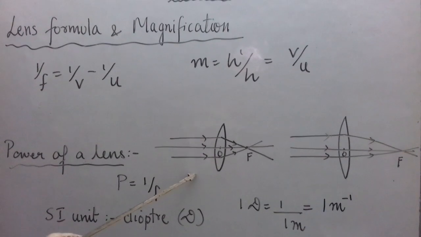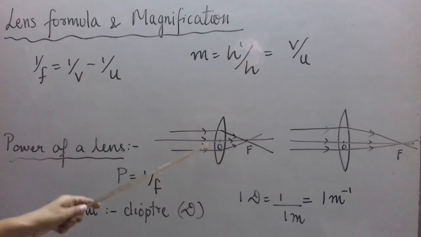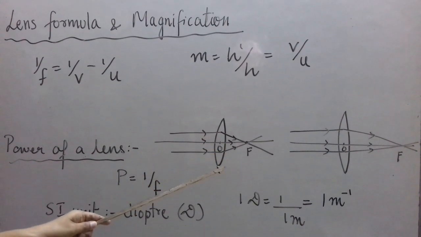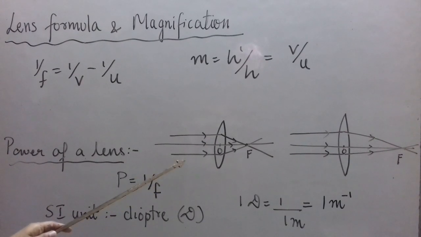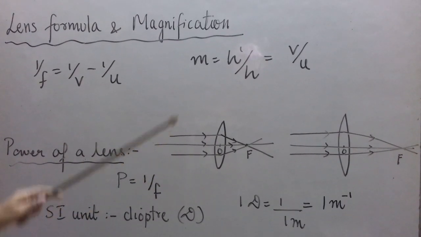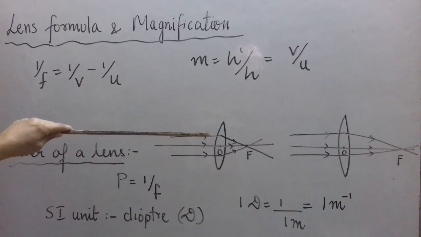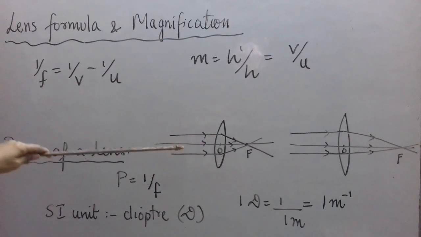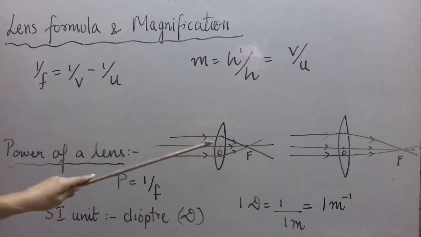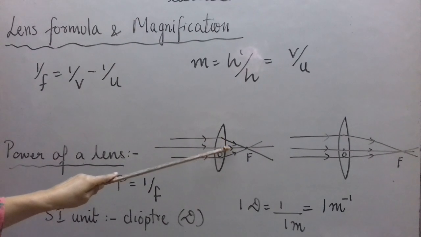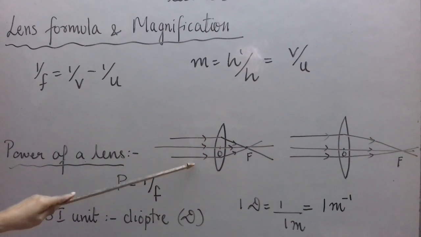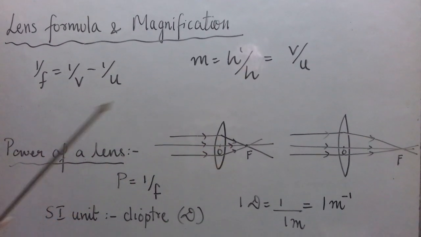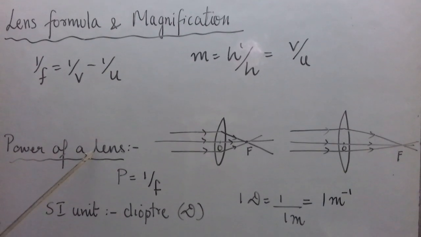Why are they getting more converged? Because focus is closer, focal length is shorter. Hope you have understood. So the degree of divergence in case of concave lens, and in this case it is convergence, the degree of convergence of parallel rays of light is measured by the power of a lens.